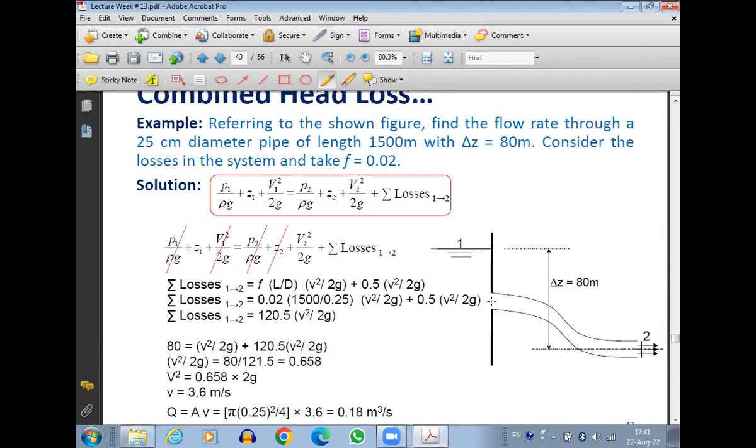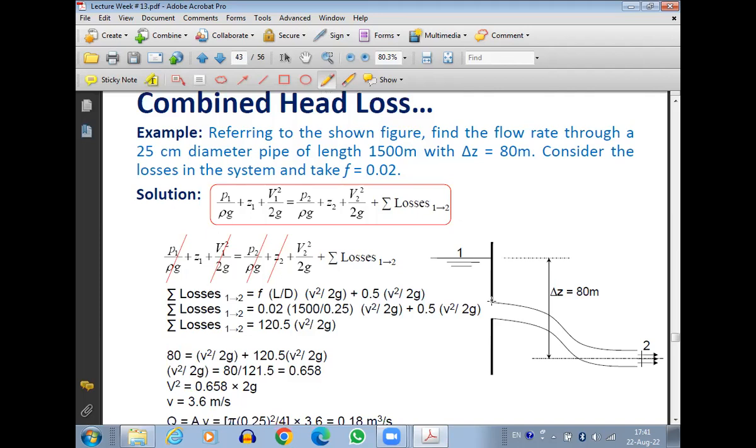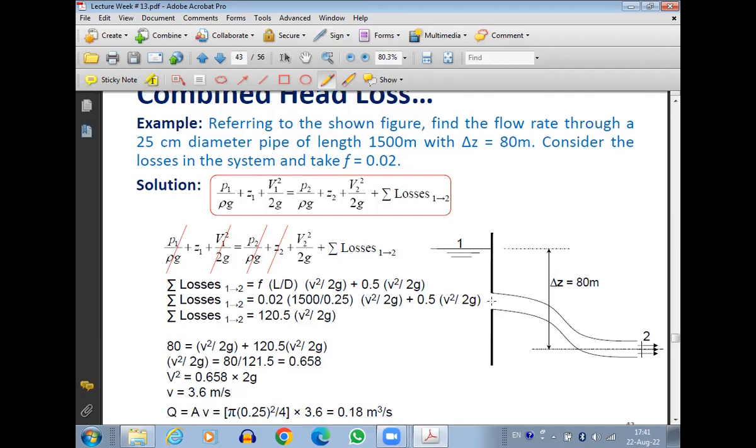Then we have another problem here. It's very similar. Combined head loss, referring to the shown figure. Find the flow rate through the 25 centimeter diameter pipe. Again, we have to first use the energy equation. Then based on the energy equation between point 1 and point 2, we are going to cancel out some of the terms. Okay. Then after that, we have to look at our piping structure.